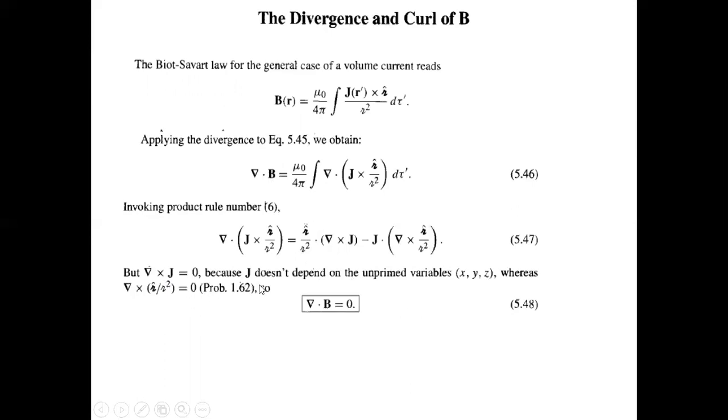So what you have is that the divergence of B becomes 0. So we now have the divergence of B equals 0. When we deal with some more advanced concepts, this will be more clear. For now, divergence of B being 0 also means that the existence of magnetic monopoles is not possible.